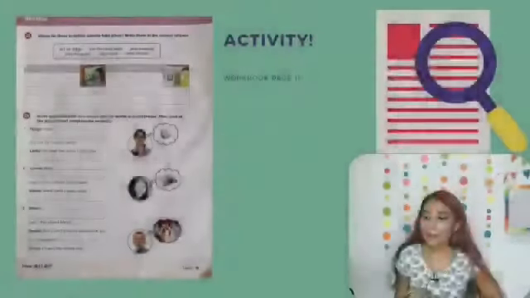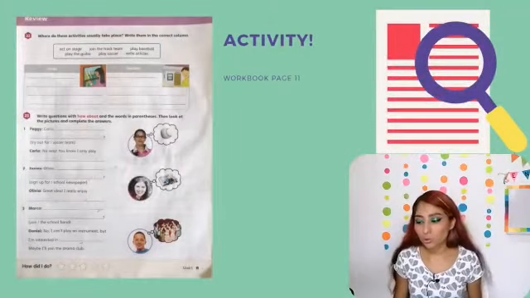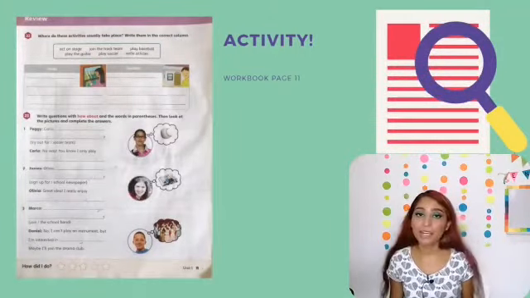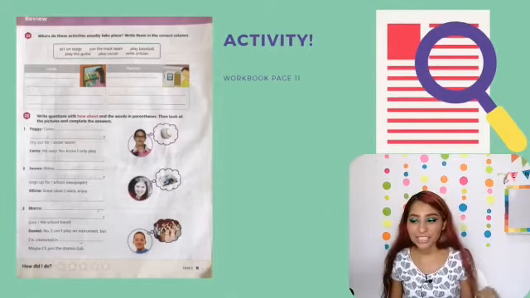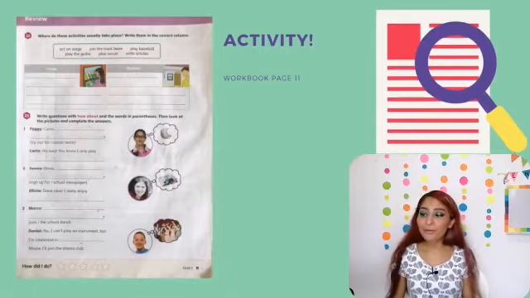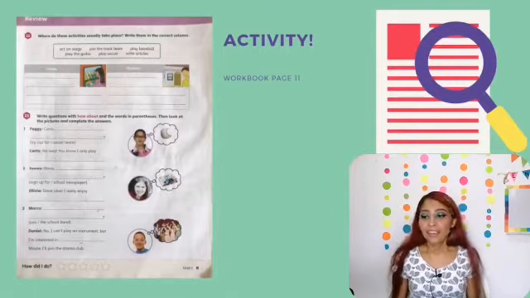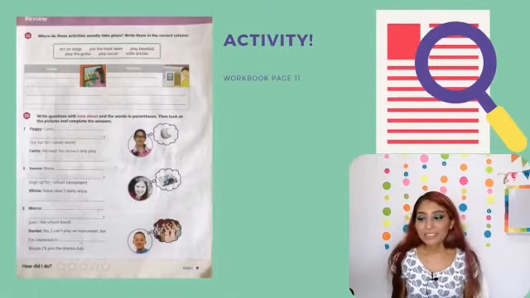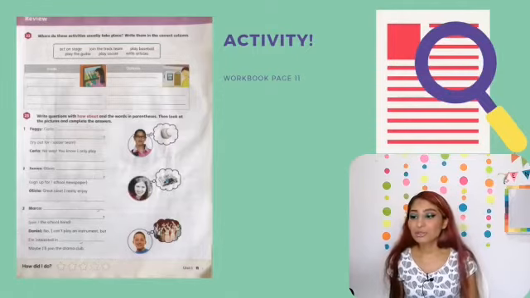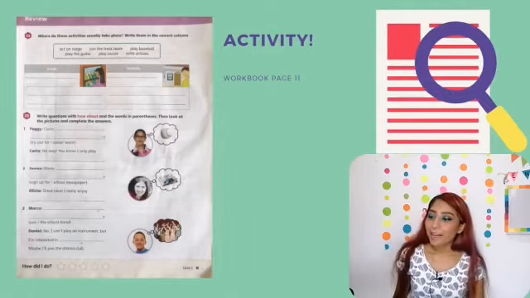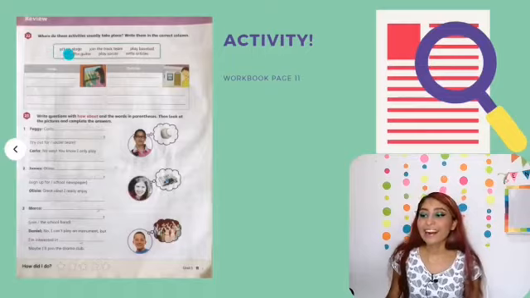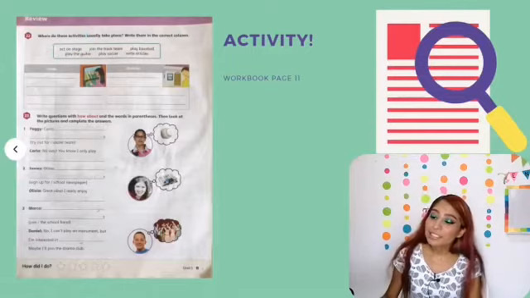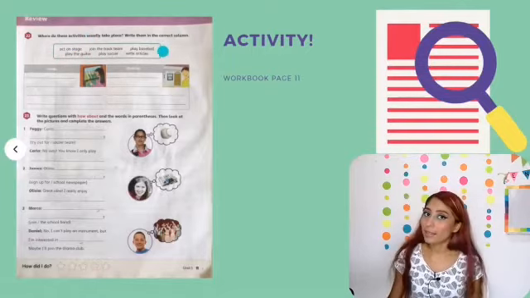So, we're going to go to the activities on page 11 from the workbook, and it's the last page. It's also the review from the unit, and it says activity 22. Where do these activities usually take place? Write them in the correct column. You have a box that says act on stage, play the guitar, join the track team, play soccer, play baseball, write articles.